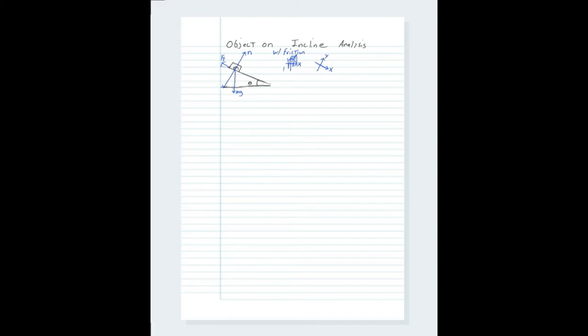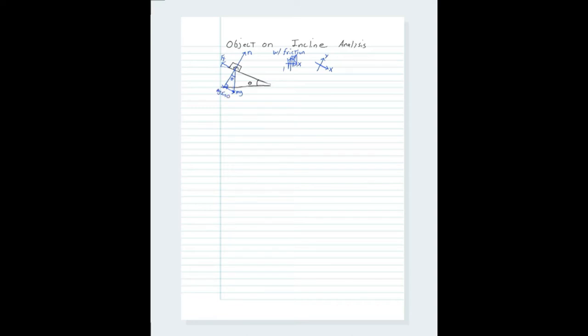So we have a force this way. That's one of the components, and the other component is parallel to the surface. That's going to make a right angle here, and the angle of the incline, theta, is going to show up right there. It's the same angle. You could prove it using geometry. Okay, but look at this triangle. The hypotenuse of the triangle is the weight, mg, and the angle is at the top there.